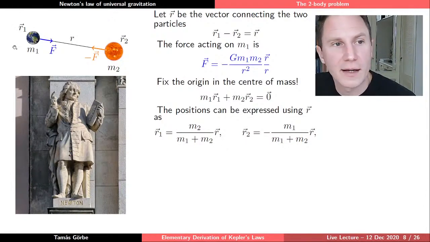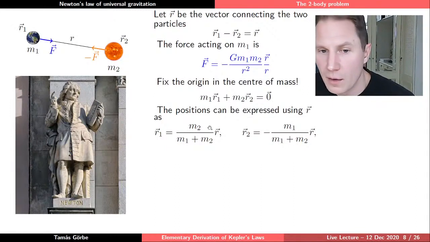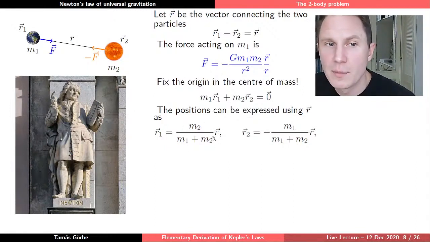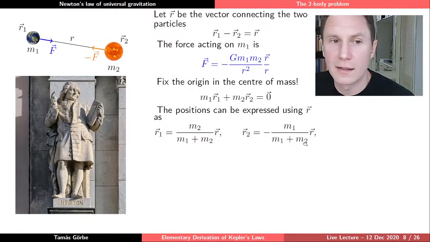You can see that r1, pointing from the center of mass to the Earth, should be a positive number times the vector r, and r2, from the center of mass to the Sun, should be some negative number multiplying r.